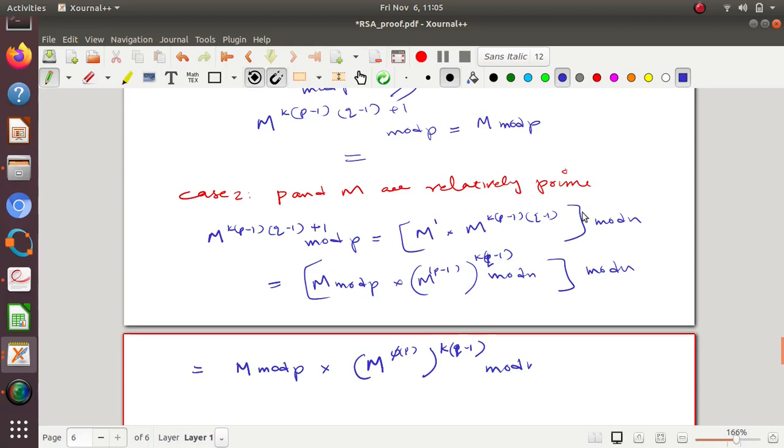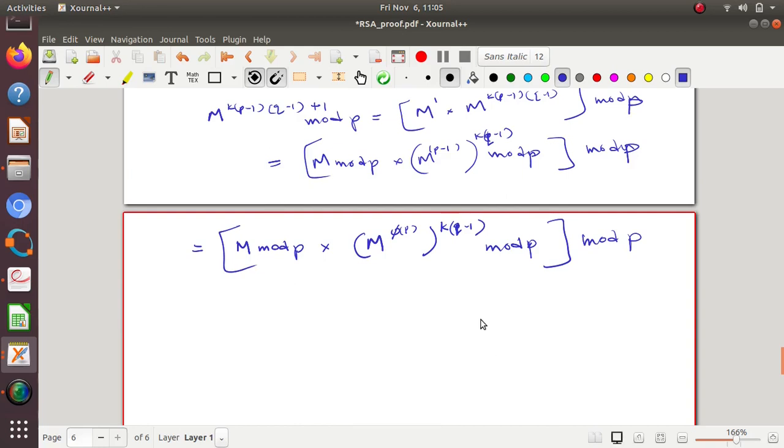All these are mod p because first we are using mod p.